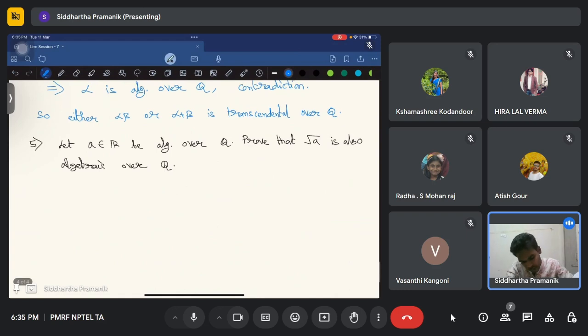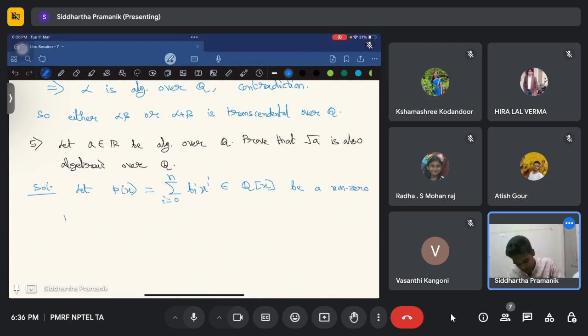So this is not difficult to see. Since A is algebraic, we take a polynomial which has a root A. So let P(x) equals summation b_i x^i, i equals 0 to n, belonging to Q[x], a non-zero polynomial such that P(A) equals 0.